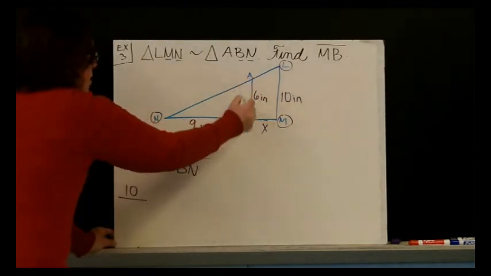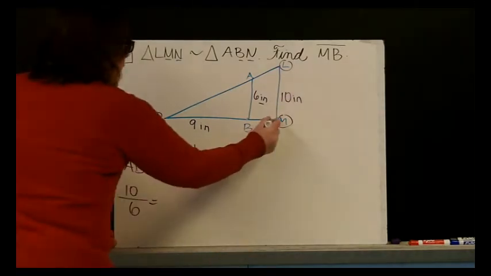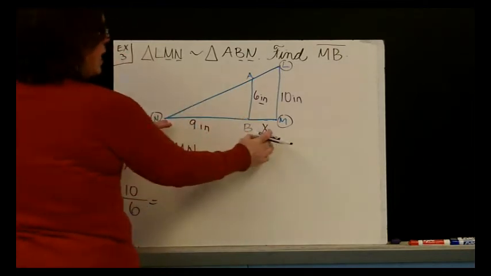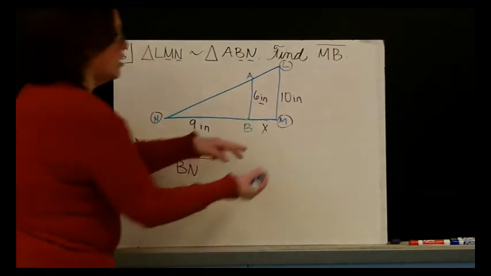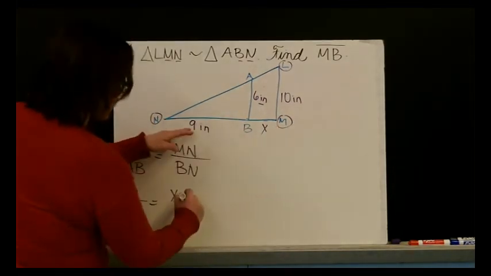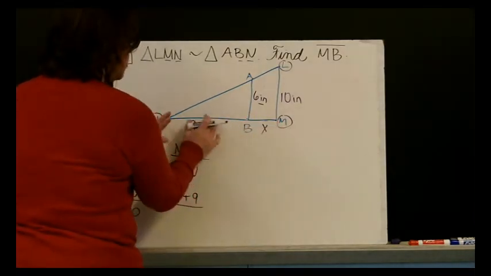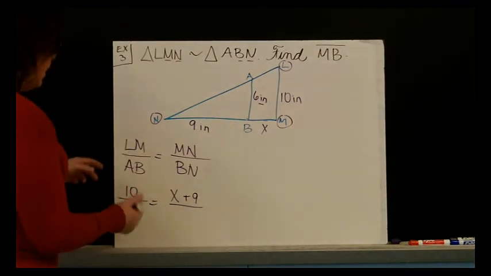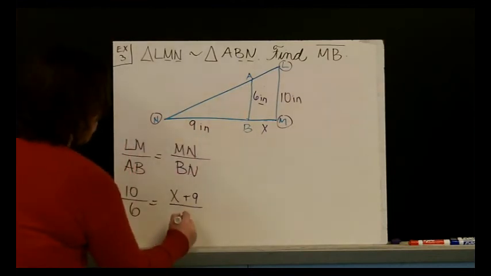We know that AB is 6 inches long. MN, well, this is a little tricky because MN is broken up into two pieces, but we know what they are. We know that one piece is x, and we know the other piece is 9. So the sum of these two pieces will give us the total length of that side. And then we're looking for BN, which is 9.